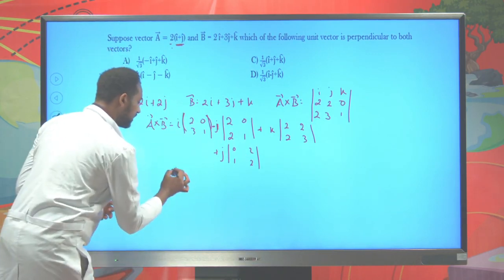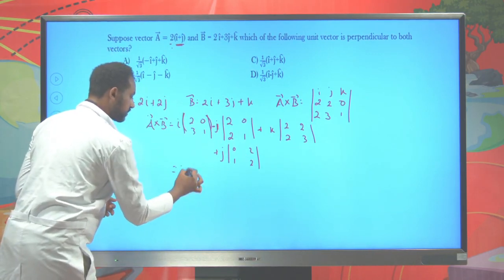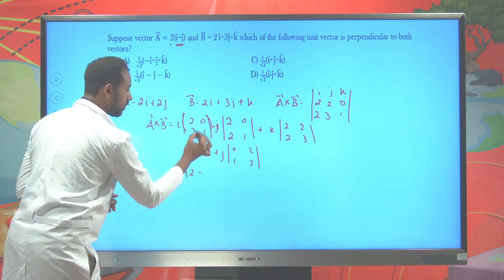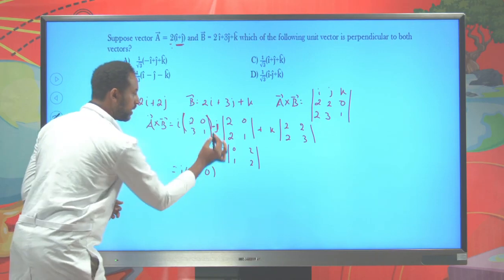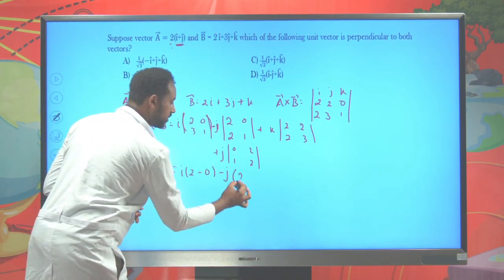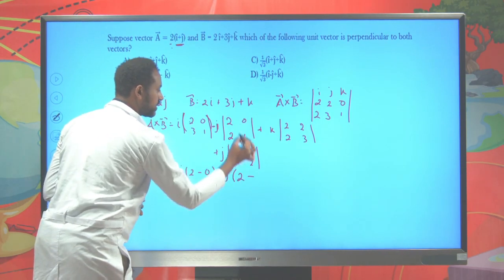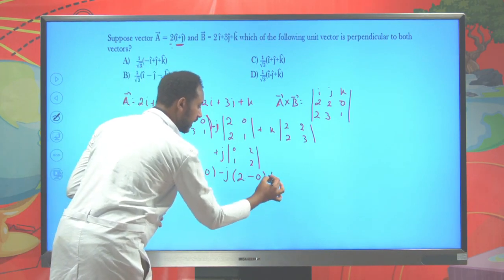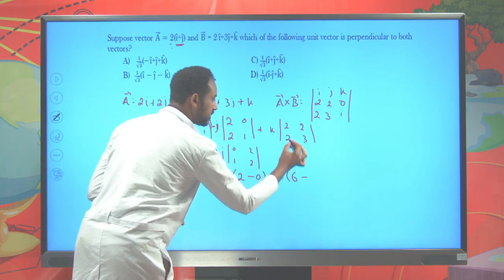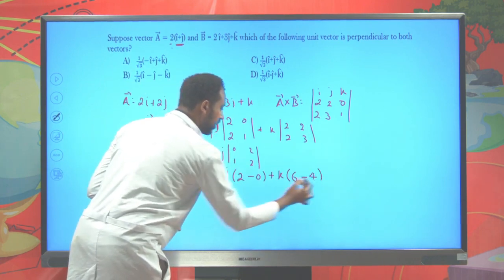Therefore, the resultant gives us i times (2 by 1 minus 0 by 3), minus j times (2 multiplied by 1 minus 2 times 0), plus k times (2 times 3 minus 2 times 2). Simplifying, 2 times 1 gives 2, 2 times 3 gives 6, and 2 times 2 gives 4.